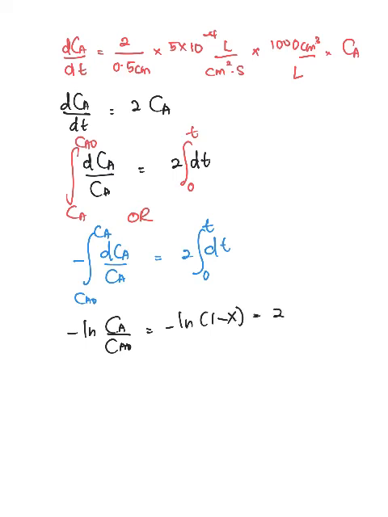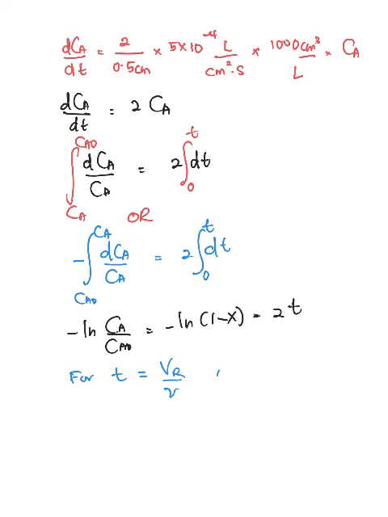So solve the integration for 2 dt, you will get 2t. Okay, then for t, it is equal to volume of reactor divided by volumetric flow rate. So the volumetric flow rate is given in the question.